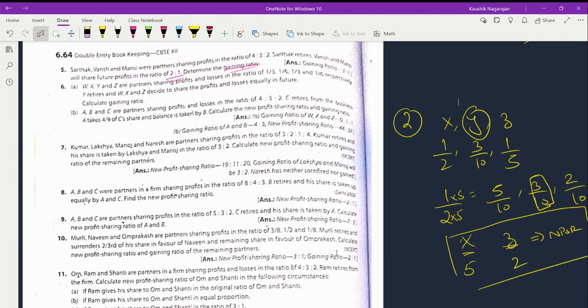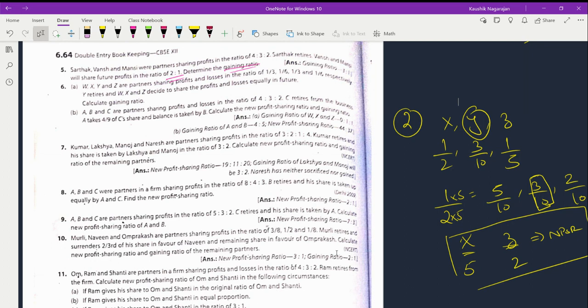B retires and his share is taken up by partners A and C equally. Calculate the new profit sharing ratio. So nothing different or difficult in problem 8.